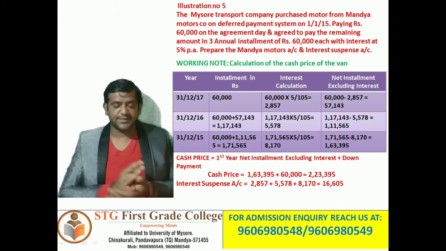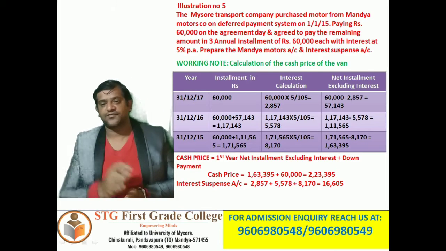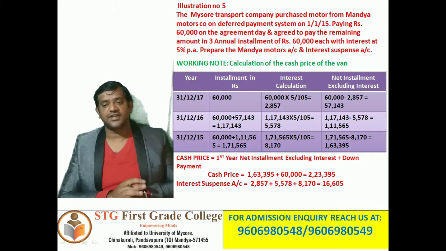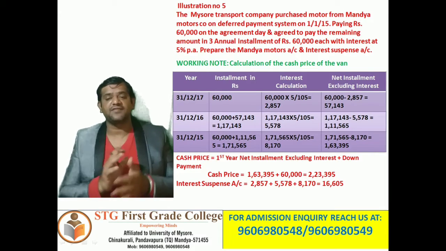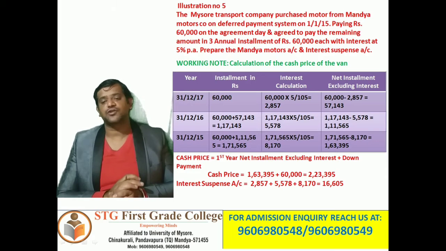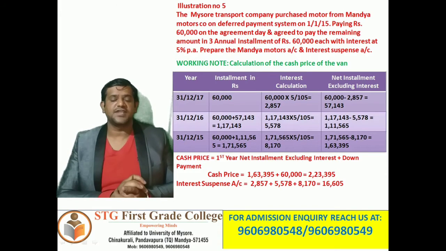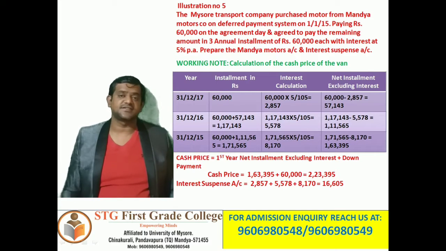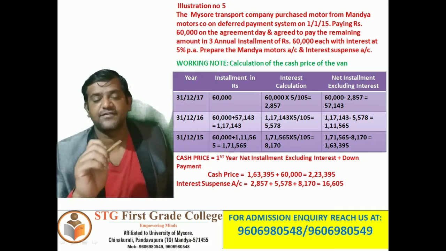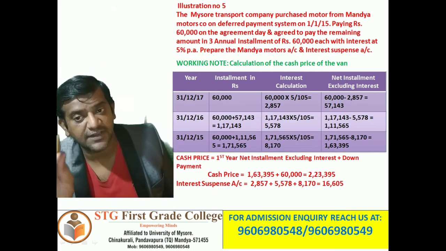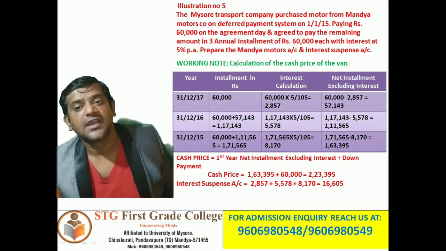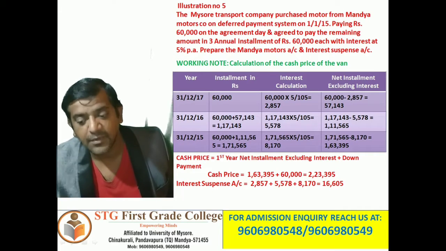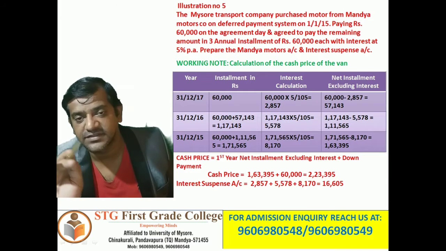Interest suspense account equals the interest of all the years: 2,857 plus 5,578 plus 8,170. The total is 16,605 rupees. That is the interest suspense account. So we are done with the working note. We have identified the cash price of the motor car and the interest payable, that is, the interest suspense account.